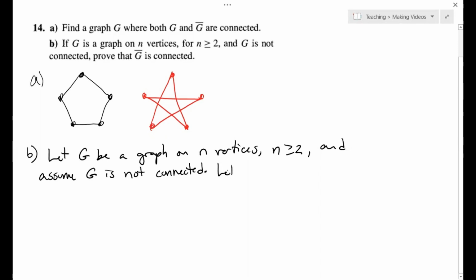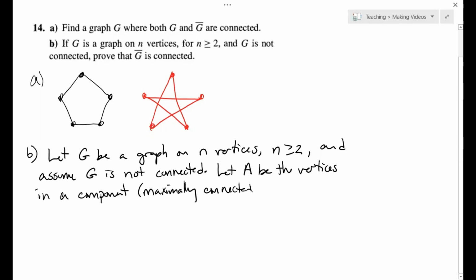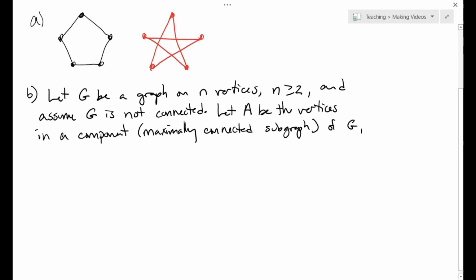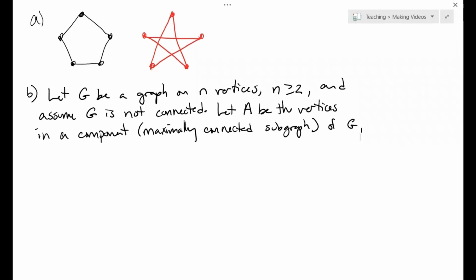So let A be the vertices in a component, a maximally connected subgraph, of G. So A is the set of vertices in one component of G, so everything in A is connected.